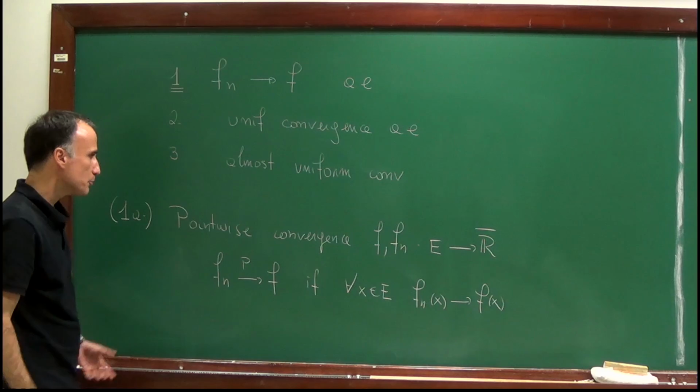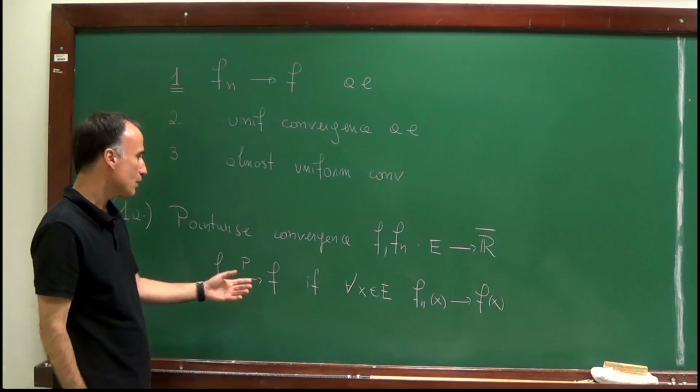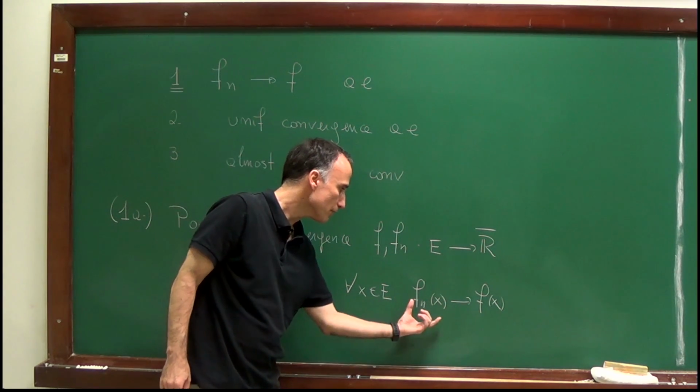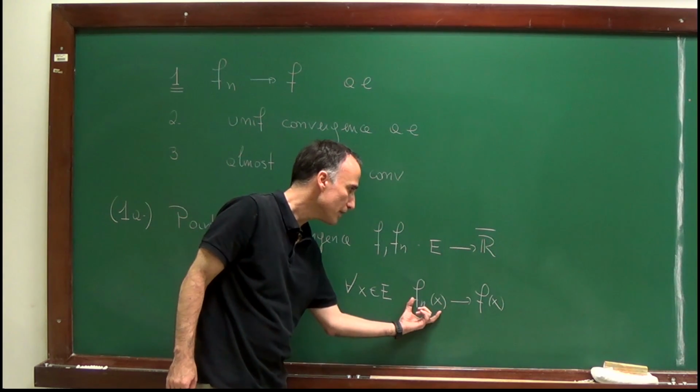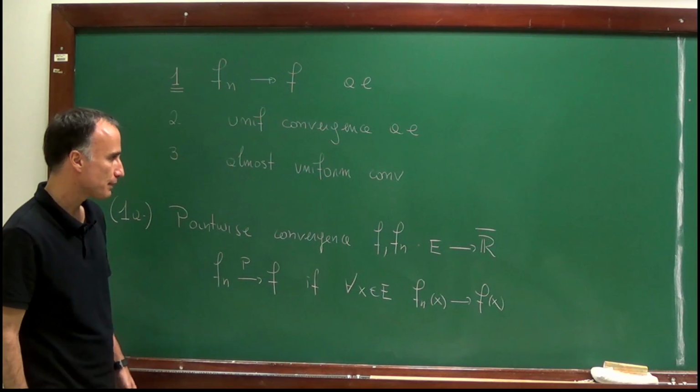This is very simple. If you want to check that the sequence fn converges to f pointwise, you just have to check that the sequence of extended real numbers fn(x) converges to f(x) for any point x in E.